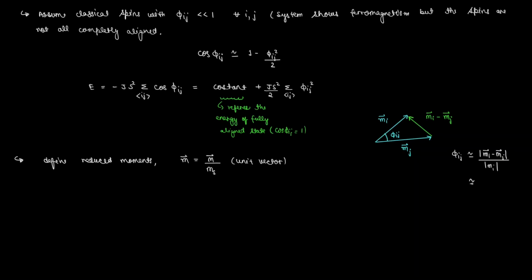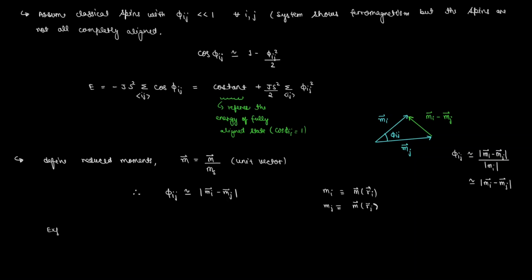Since mi and mj are unit vectors, this value will be nearly equal to just the magnitude of the difference between the two magnetic vectors. Therefore, phi ij can be approximated as the magnitude of mi minus mj, where mi represents the magnetic moment present at the ri vector and mj represents the magnetic moment present at the rj vector.